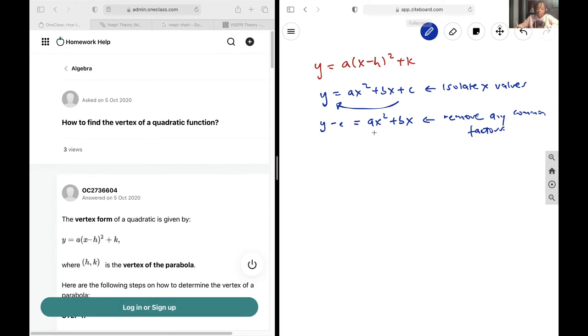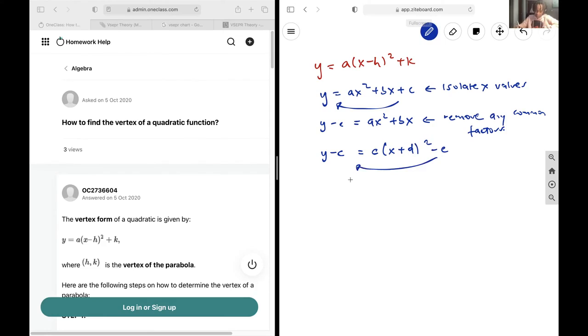And then next up, we will complete the square to get it into the form y is equal to some number, let's call it c, that would be our common factor. And then we have x plus b squared. And then obviously because we completed the square, there's going to be an extra variable that we're going to have to take out, so let's call it e.